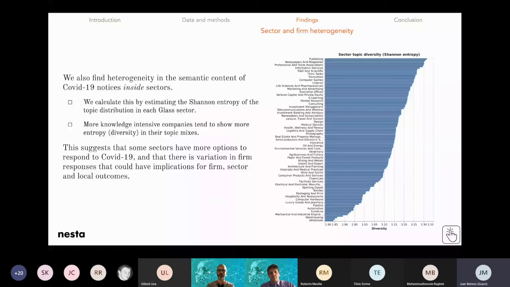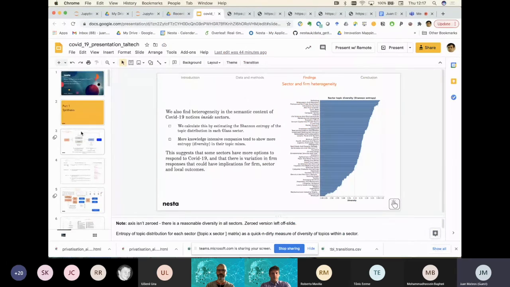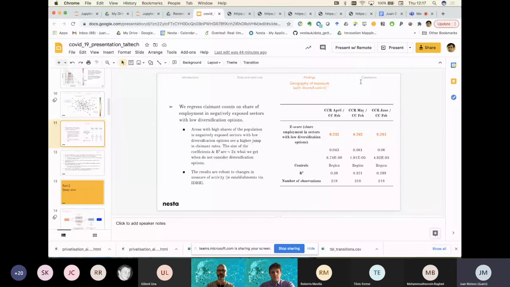And one of the things that we really want to do as a next step, and actually something we are exploring now, is whether we can use this more granular information about business responses to COVID to enrich our models of the impact of COVID on unemployment, with more timely data based on firm level responses.